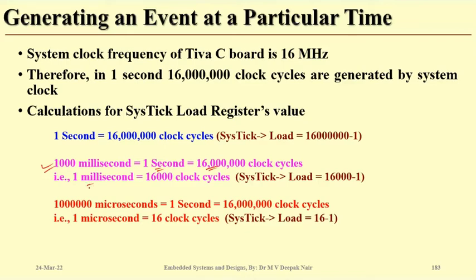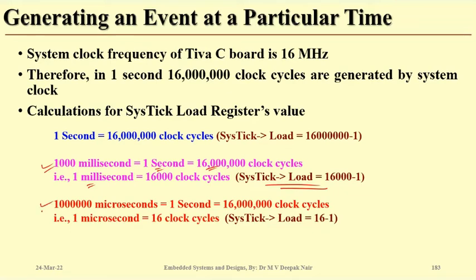So if you want to generate a 1 millisecond event, or a square wave with a 1 millisecond delay, you need to load 16,000 minus 1 into the register. This is the time.